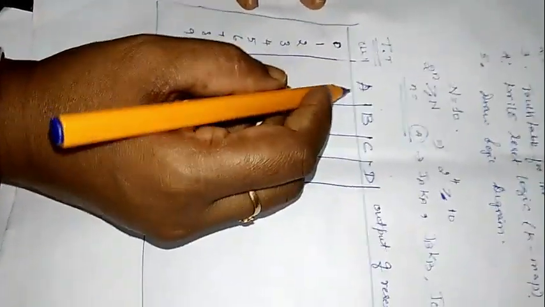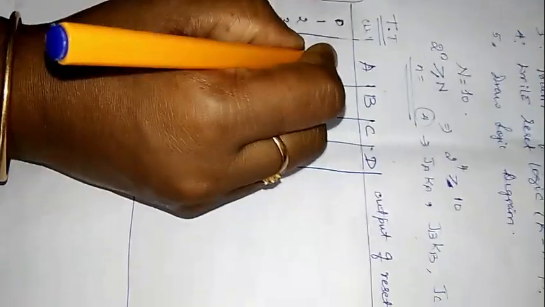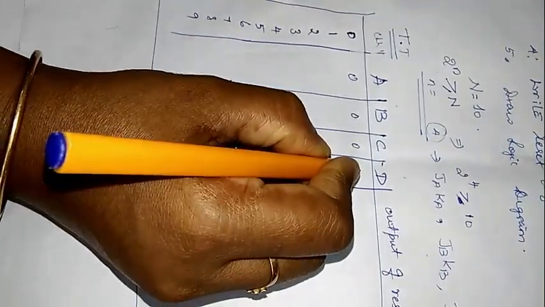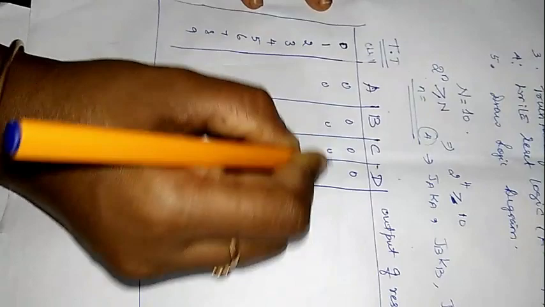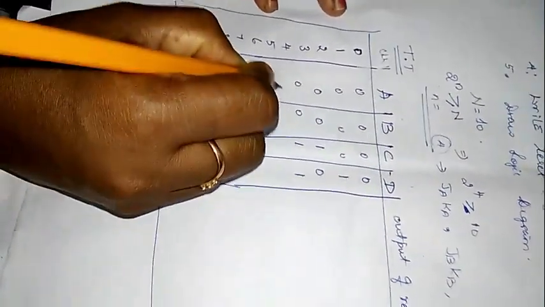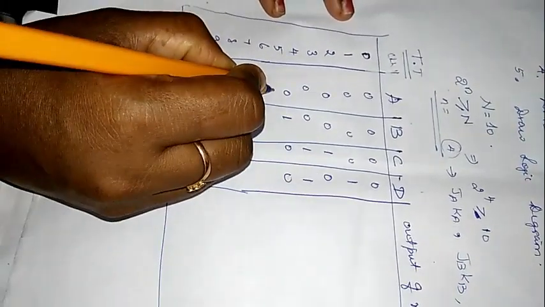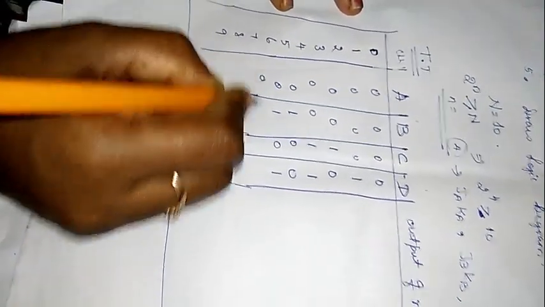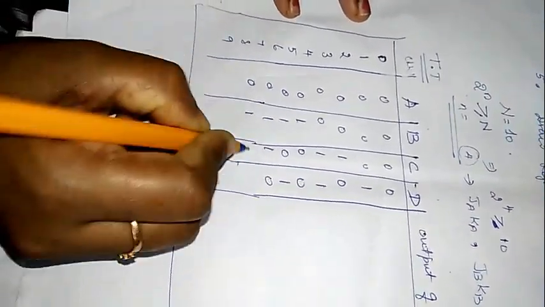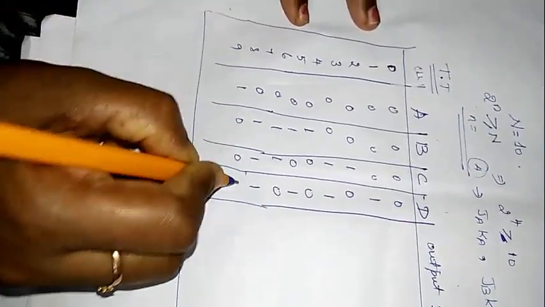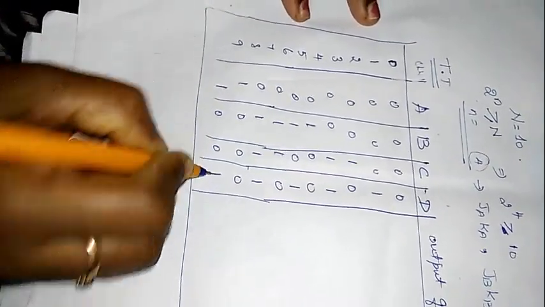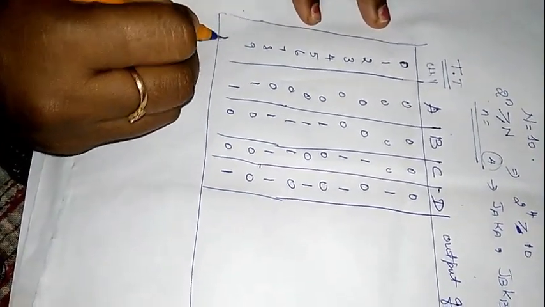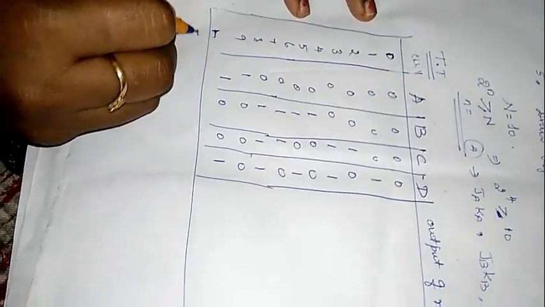The combinations are from 0 to 15: 0, 1, 2, 3, 4, 5, 6, 7, 8, 9, then 10, 11, 12, 13, 14, 15.